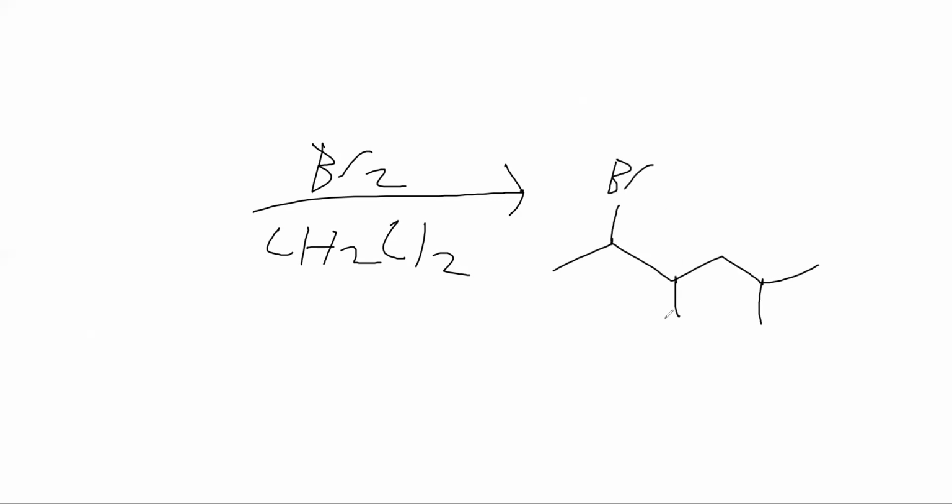So here, I'm just going to go ahead and number the carbon. So between what two carbons should a double bond go if we're doing this set of conditions to form that product?